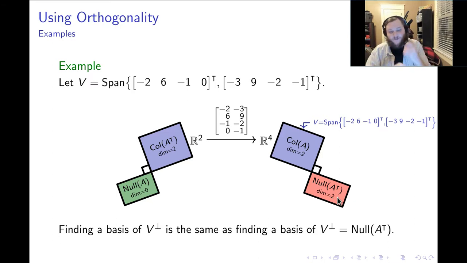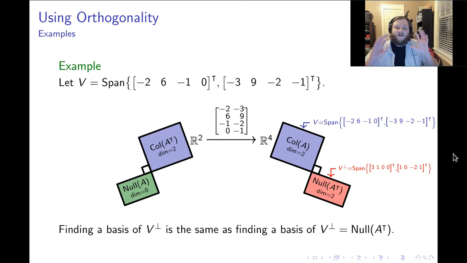We transpose the matrix and solve the system A transpose x equals the 0 vector. I went ahead and did that, and I found 2 basis vectors, (3, 1, 0, 0) and (1, 0, -2, 1). Of course, we can verify that these 2 vectors make sense by checking that both of them have inner products with the 2 basis vectors of V here that equal 0.